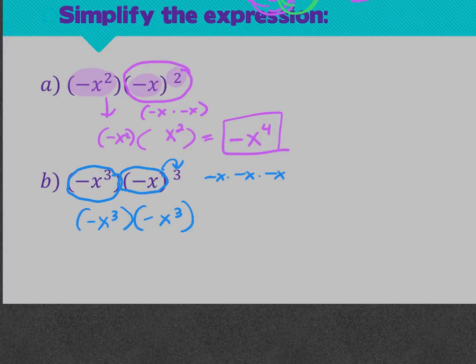Now my coefficients are -1 times -1, which means it becomes a +1. X to the 3rd times x to the 3rd is x to the 6th. And that's just x to the 6th. Be careful with your exponents. Don't let them on the outside with the negatives. They get tricky. Questions on that one?